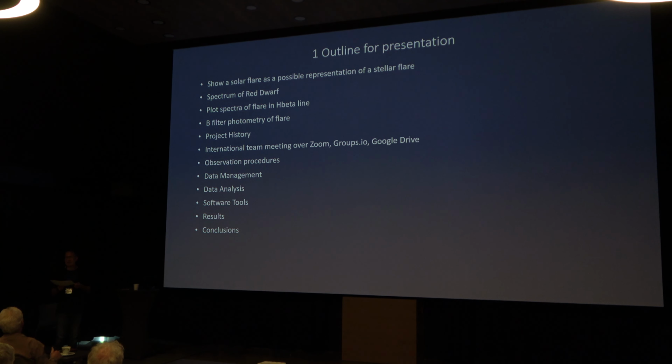This type of star makes up 80 to 90% of total stars. They're K and M type stars.